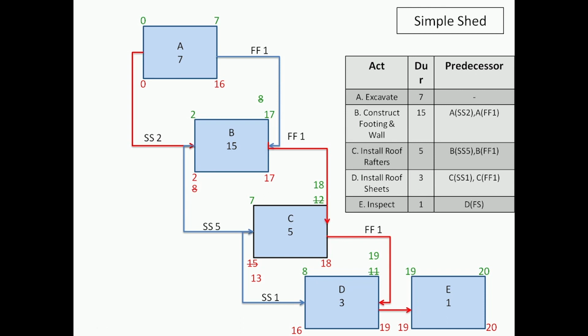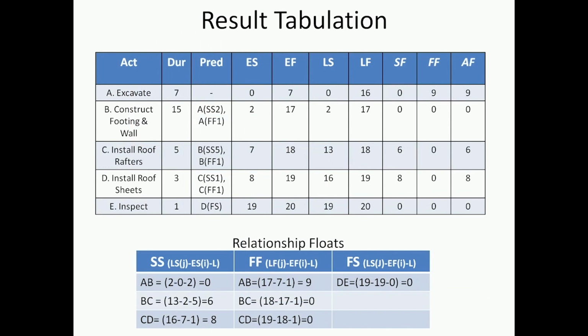One way of expressing all of these results, I have shown in a tabulation here. So what we have is activity, the duration, the predecessors, the early start, early finish, the late start, late finish, the start float, finish float, and what we are calling total float or activity float.